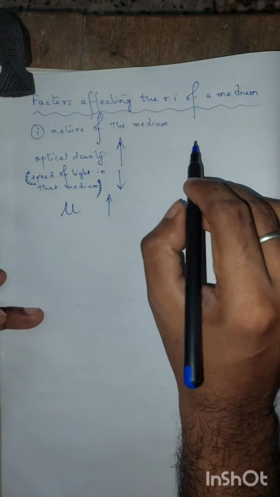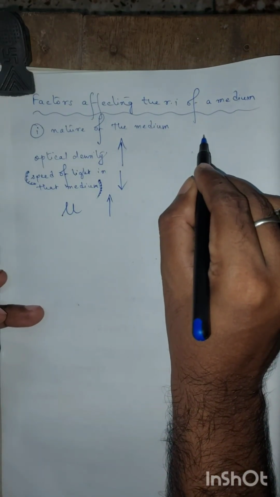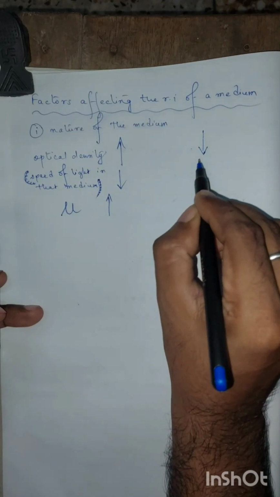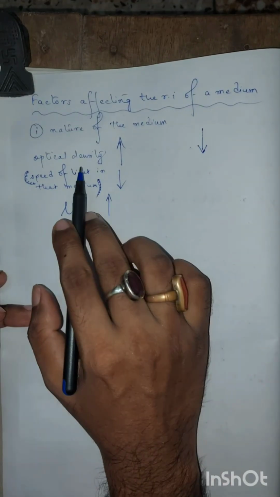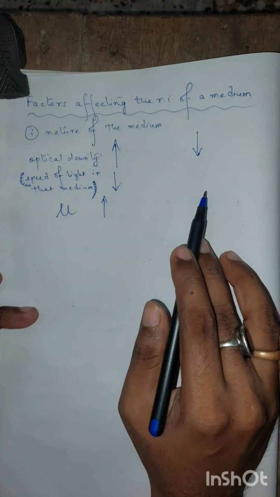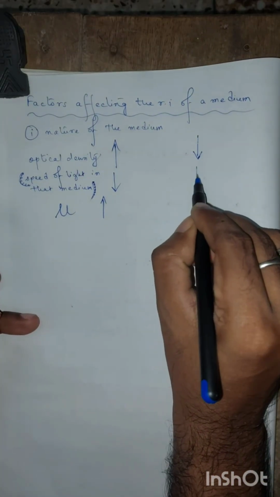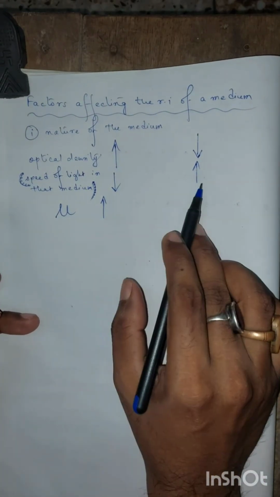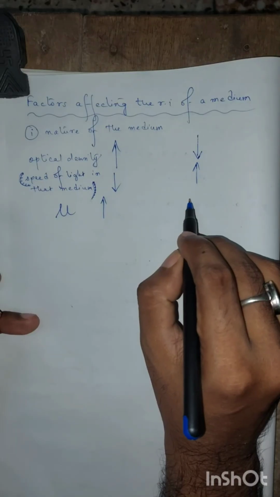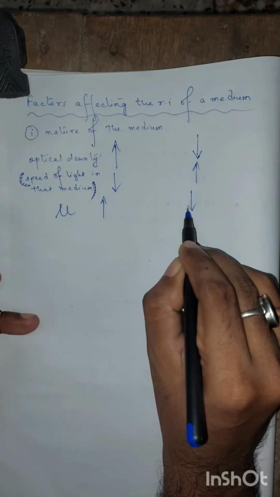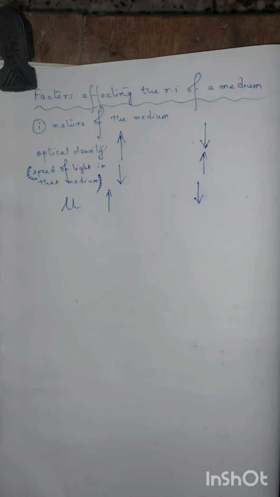And when the optical density decreases, downward arrow means decreasing, speed of light in that medium increases. And when speed of light increases, refractive index decreases. Now come to the next point.